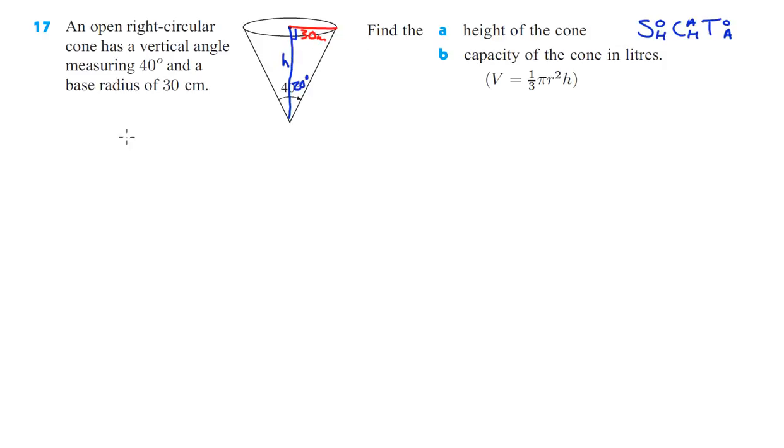If we're looking for the height, then we look at this angle. This side over here is the opposite, and this is the adjacent. Opposite and adjacent is tangent, so tangent 20 equals opposite, which is 30, over adjacent, which is h. Switch these two spots: h equals 30 divided by tan 20.